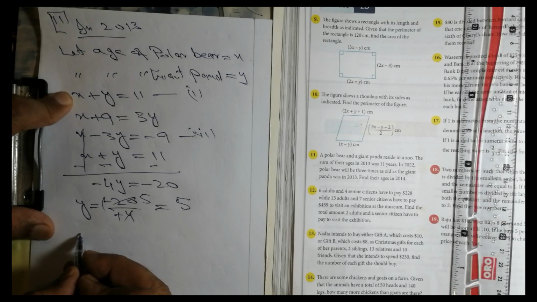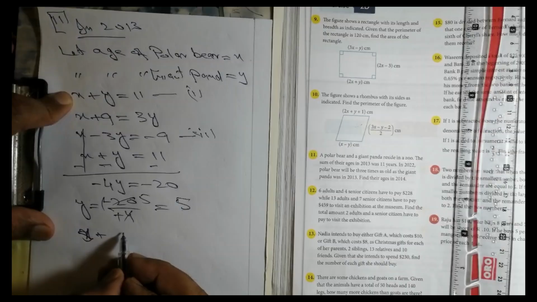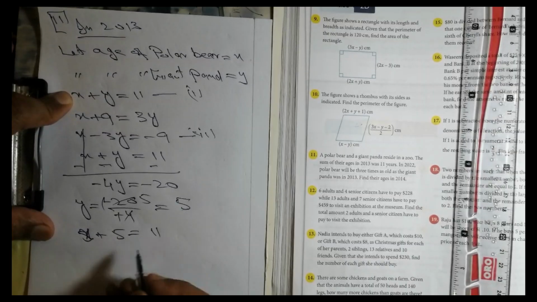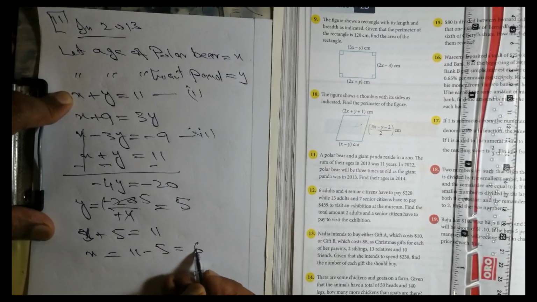So x plus 5 equals 11, and x equals 11 minus 5, which is equal to 6 years.